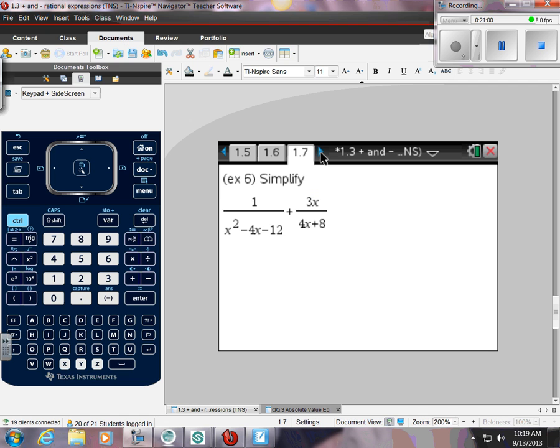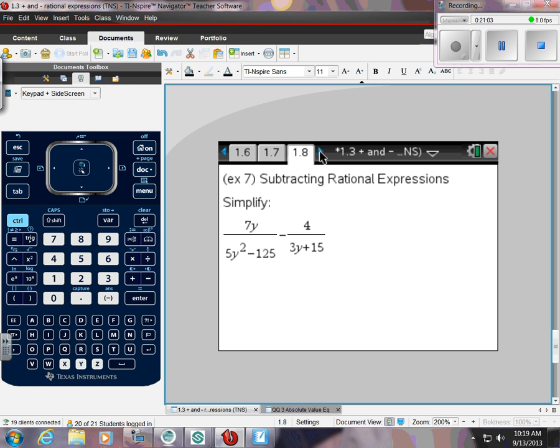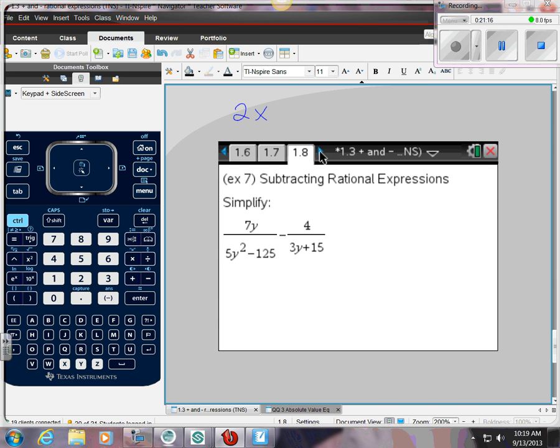Okay, the next thing we're going to talk about is subtracting. We do it the same way as addition, except instead of adding the numerators, what are we doing? So it's not that big of a deal. What we need to remember is if I have something like 2x minus (x plus 4), what do I have to do here?